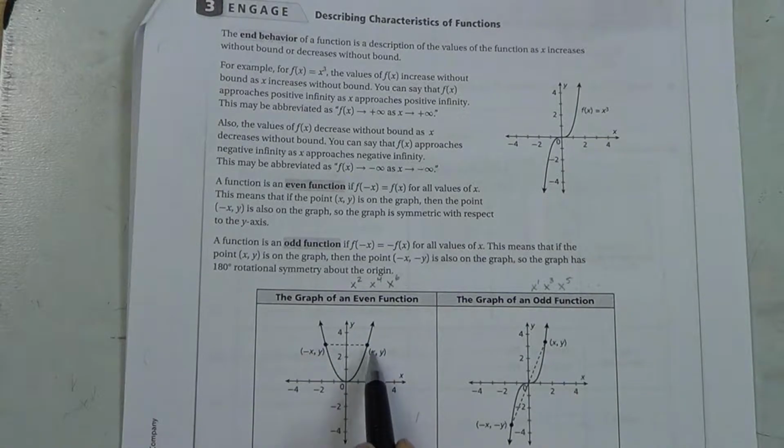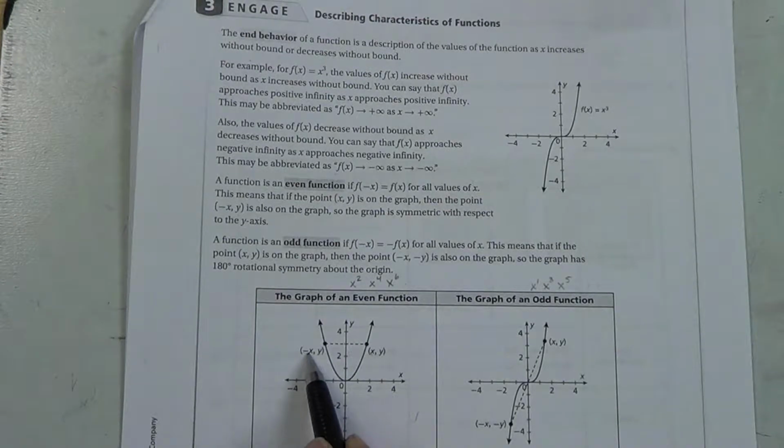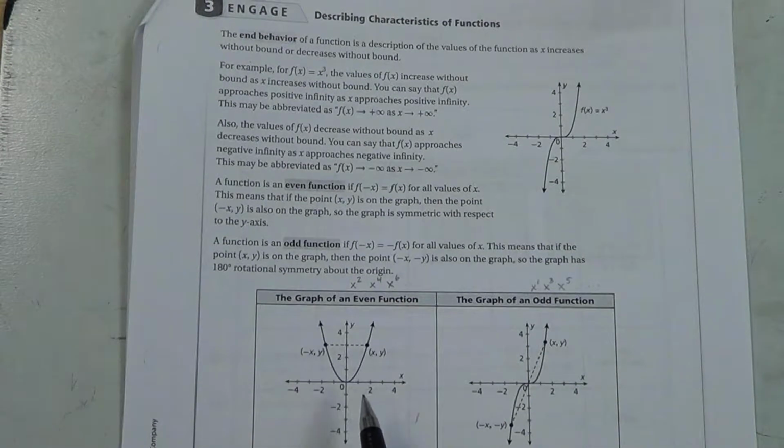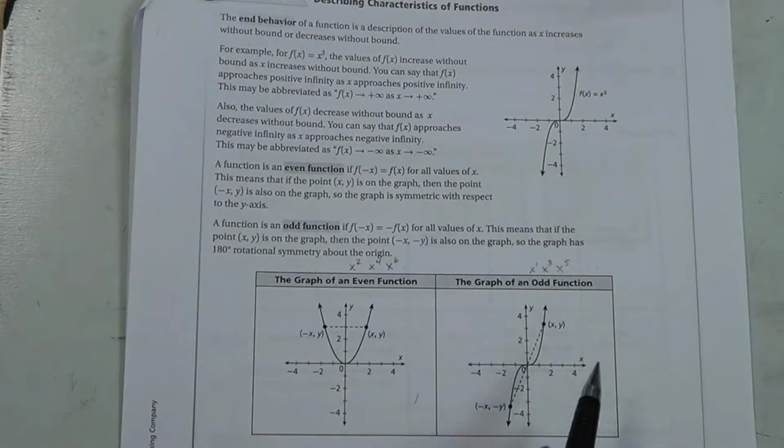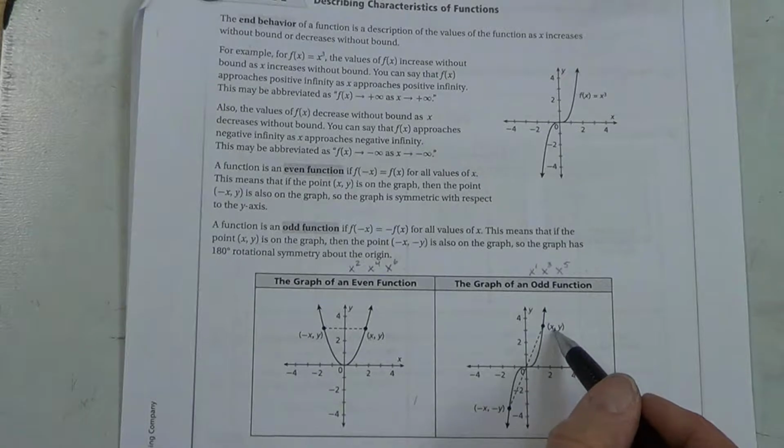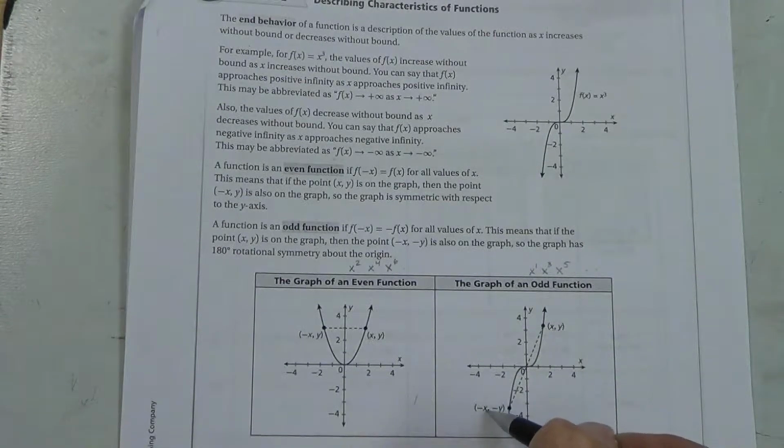So you will find that same value of y with a negative x. Now that's when it's an f of x. Now in an odd function, what you'll find is a value of x and y, and a negative x and a negative y.